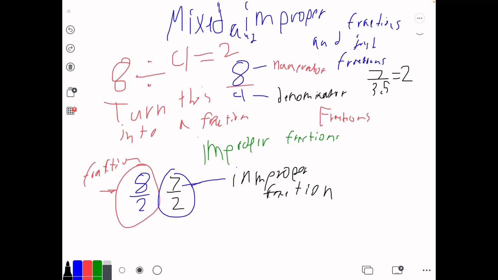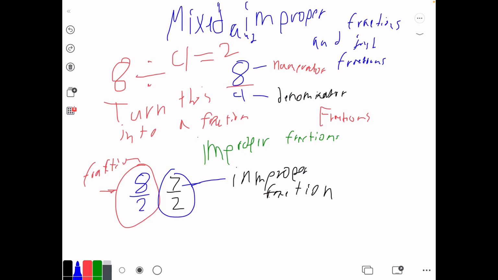So let's see it like this. You can do 8 over 2, that is 4. With 7 over 2, you can't do. We call that an improper fraction.